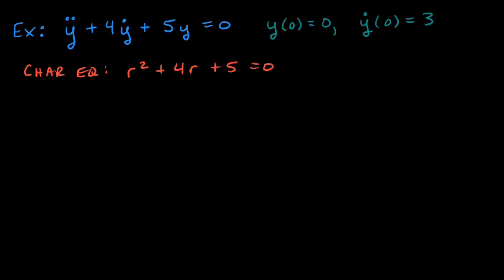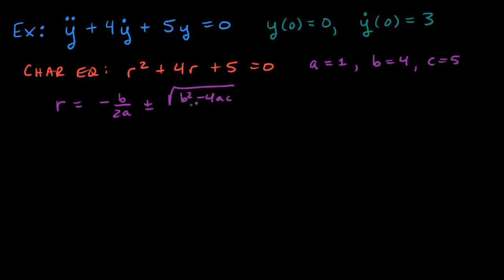And so if we want to write it out in detail, we're going to say that A equals 1, B equals 4, and C equals 5. That's the coefficients of the characteristic equation. So our r is going to be negative B over 2A plus or minus the square root of B squared minus 4AC, all divided by 2A there.